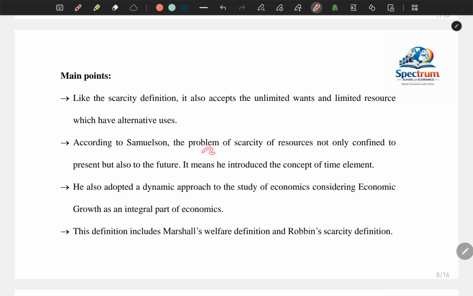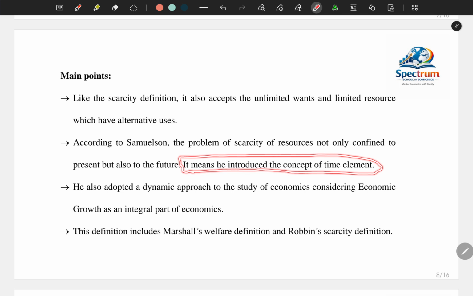According to Samuelson, the problem of scarcity of resources is not only confined to the present but also extends to the future. It means he introduced the concept of time element.